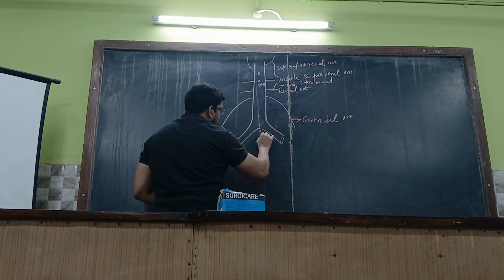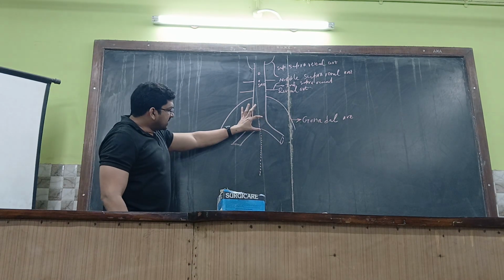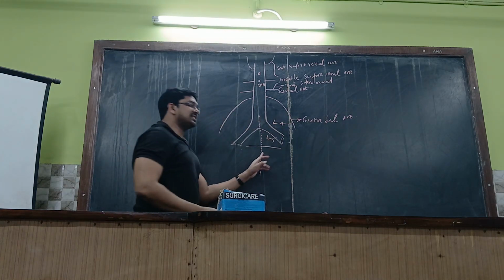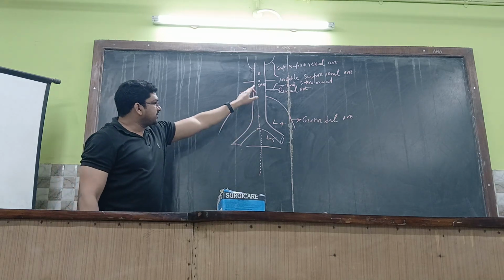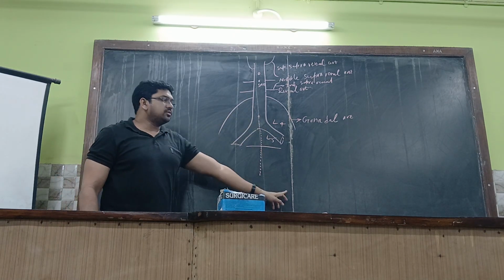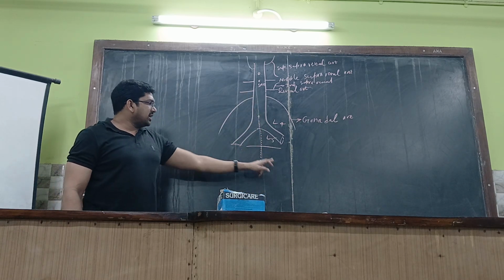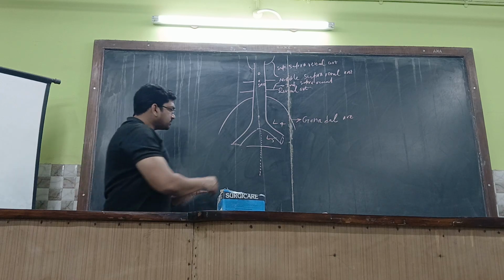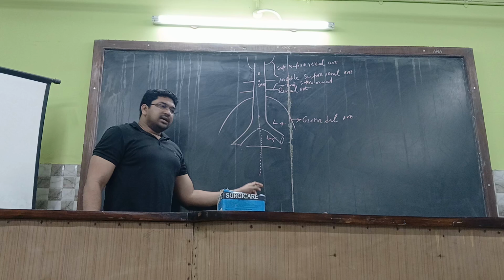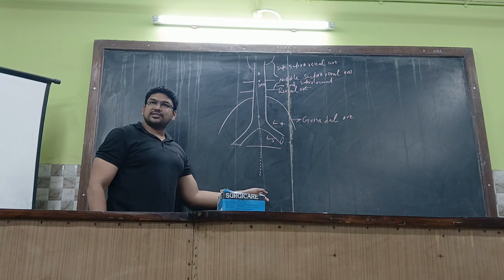So that will be arising and going downwards and lies in front of the sacrum. Here it will be L4, here will be L5. From here onwards it will be sacrum. The bifurcation of the abdominal aorta occurs at the level of L4. The formation of the inferior vena cava, from the right and left common iliac veins, is at the level of L5. So the median sacral artery will be going downwards, lying in front of the sacrum, and it will reach the coccyx also.